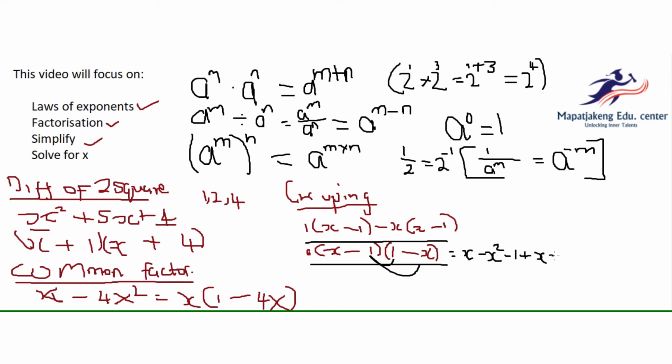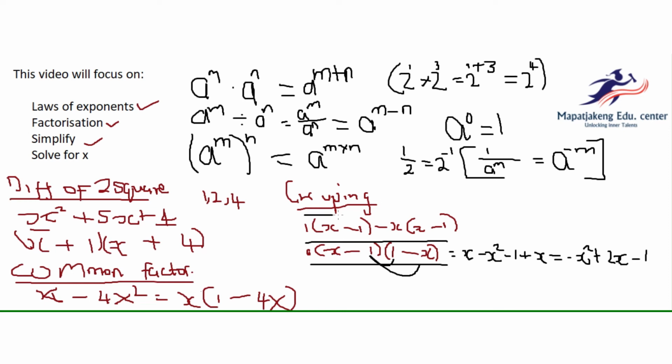At the end, we will be adding like terms. The x goes with x, x squared goes alone, and 1 goes alone. Then from there we're going to have negative x squared plus 2x, because we have 2x and they're both positive so we add them, minus 1 because 1 is just alone.